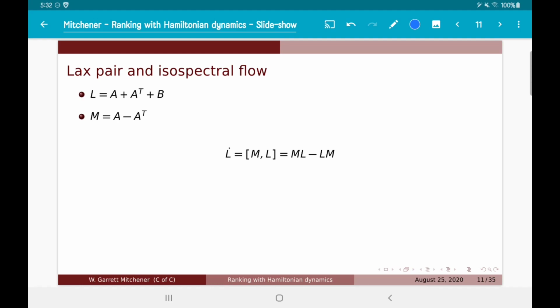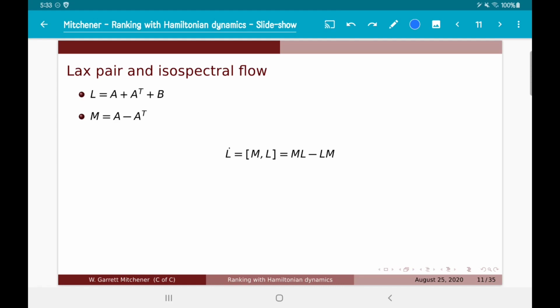What this gets us is that isospectral flow has the property that the eigenvalues of the L matrix are conserved. They're constant over time as the dynamics move. And that's what it means for the Toda lattice to be an integrable system.